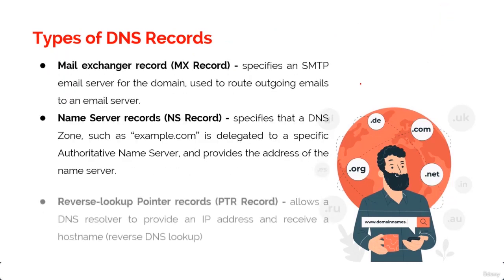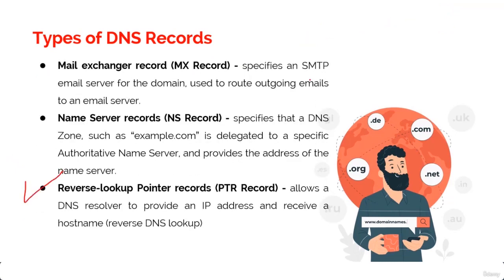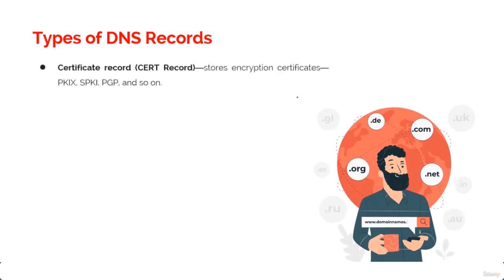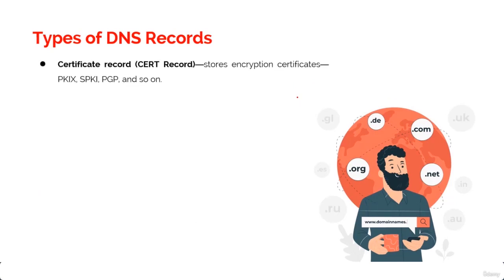If this website is protected, when you click here, there is a box which tells you that a certificate is stored. Now, where is this certificate stored? The certificate is actually stored in the certificate record.